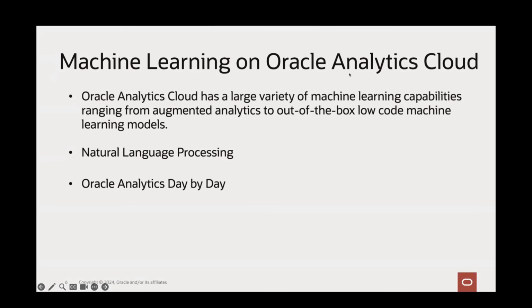So with Oracle Analytics Day by Day, which is the mobile interface for Oracle Analytics Cloud, this is a way for you to view different visualizations, different dashboards from a mobile app.